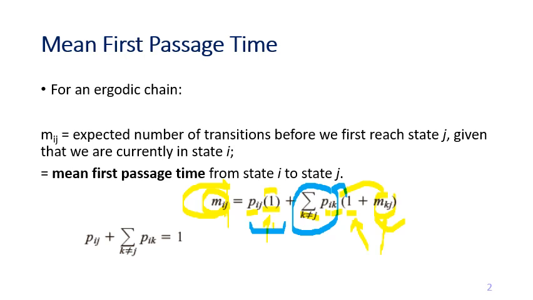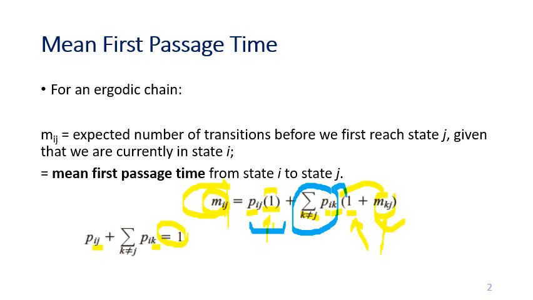This makes sense because if you are now at state I, the probability of going from state I to j plus the probability from I to any other state that is available must be equal to 1, because you must go somewhere in the next step. You may stay in I itself, you may go to J, you may go to K, you may go anywhere, but the sum of probability must be 1.